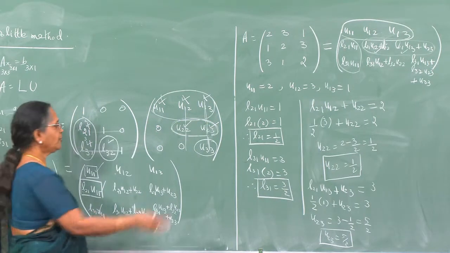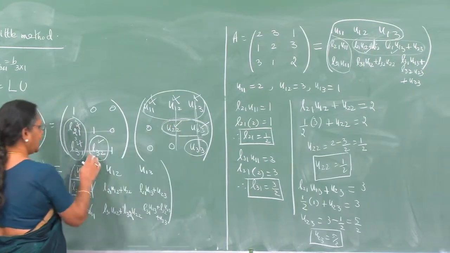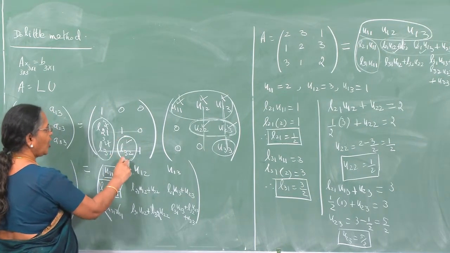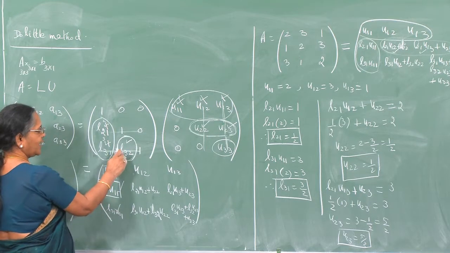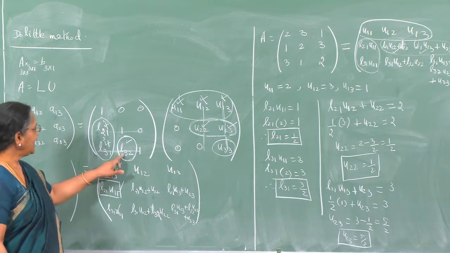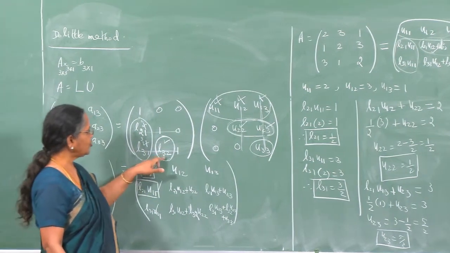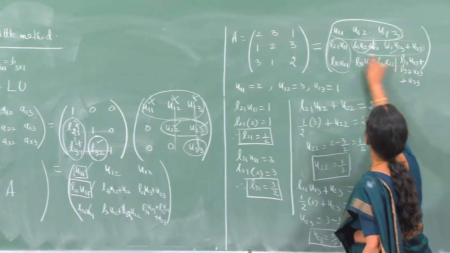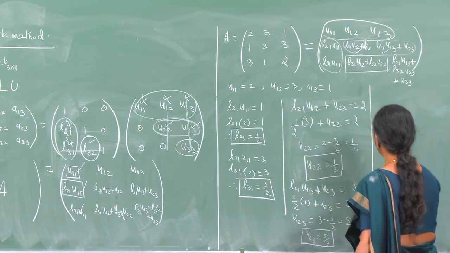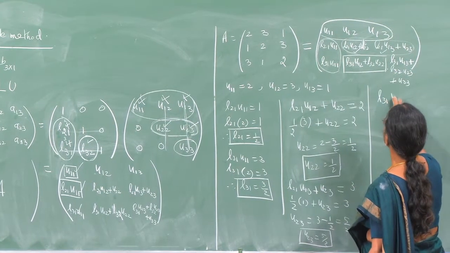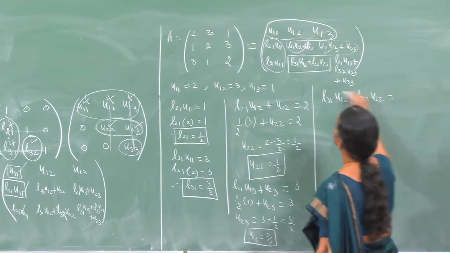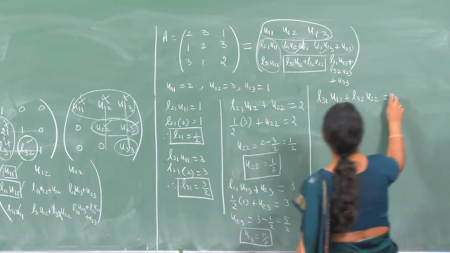What should we do now? We should try to determine now the unknown in the second column of the lower triangular matrix, namely compute what is L32. So, we take this entry and equate that to the value 1 here.